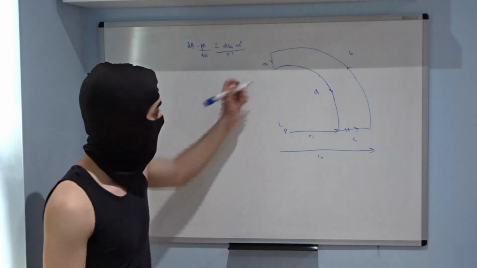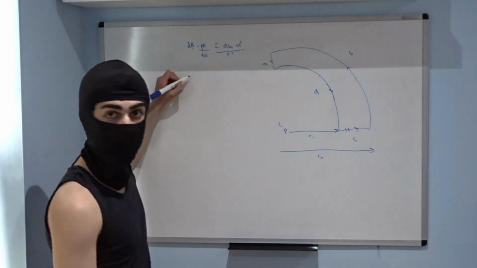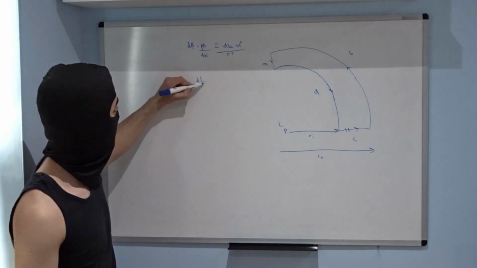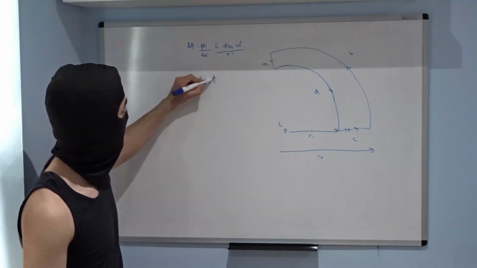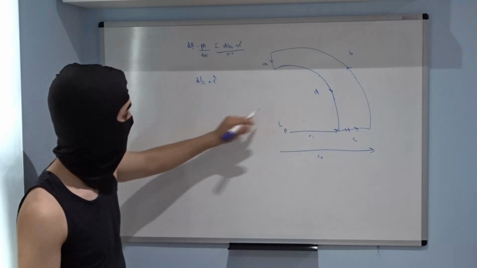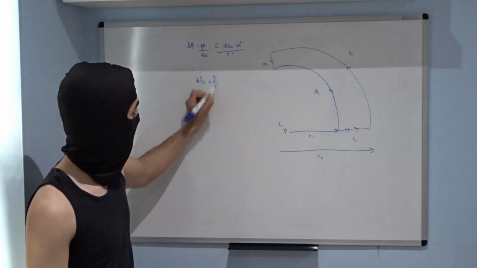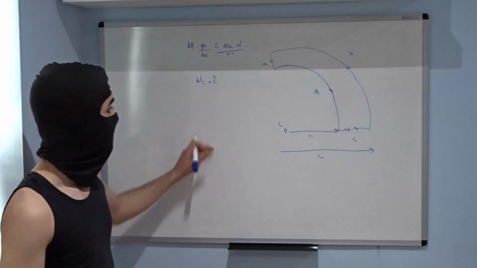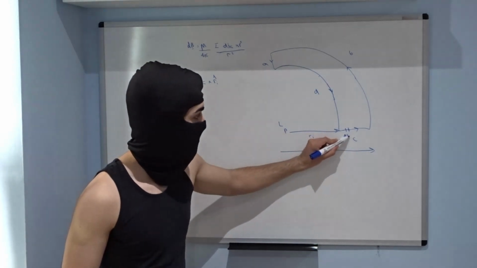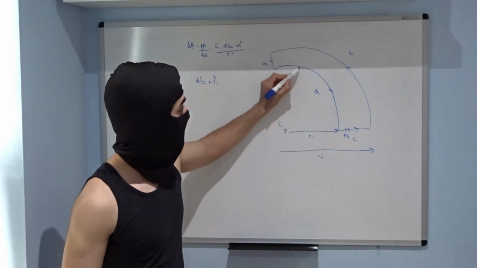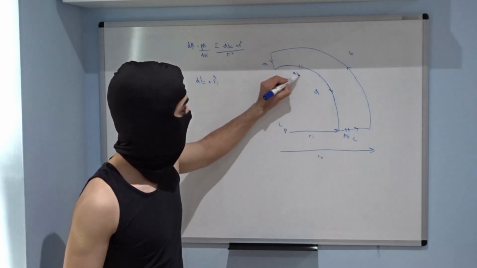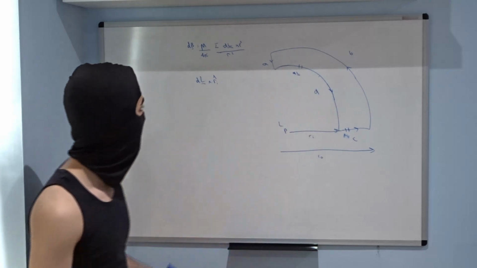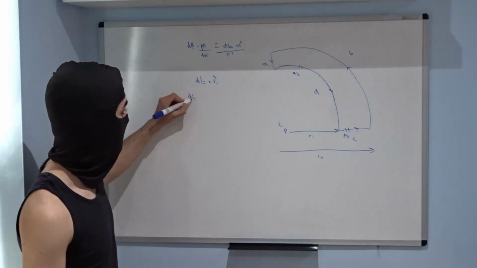Now, D and B. Let's start with the direction. R hat. So let's start with D. It's going to be Ri. I'm going to rewrite dl. dl obviously is the infinitesimally small part, a small segment of the line D. So I'm rewriting in cylindrical coordinates.